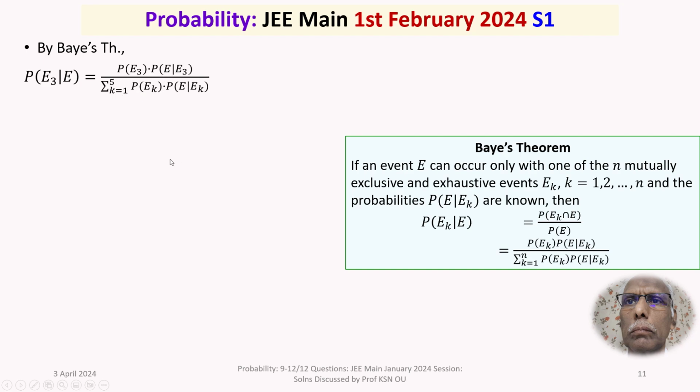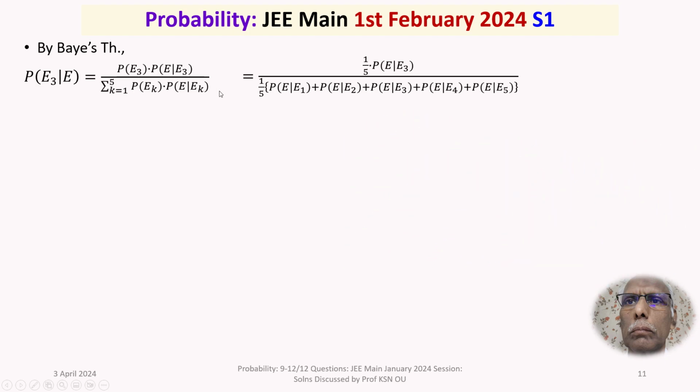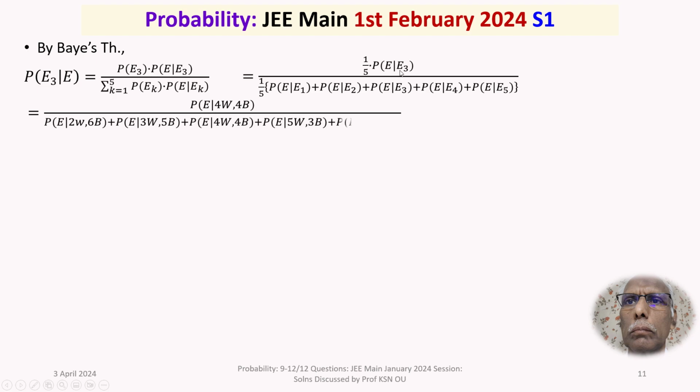So this will be equal to 1 by 5 into probability of E given E3, over 1 by 5, which will come outside, and we write the sigma k is equal to 1 to 5. So probability of E given E1 plus probability of E given E2, etc., up to E given E5. Up to that we write. Right. Now you see this E3 means what?